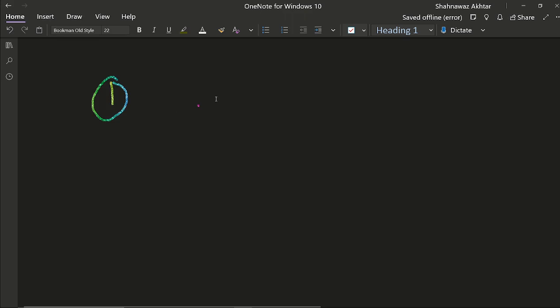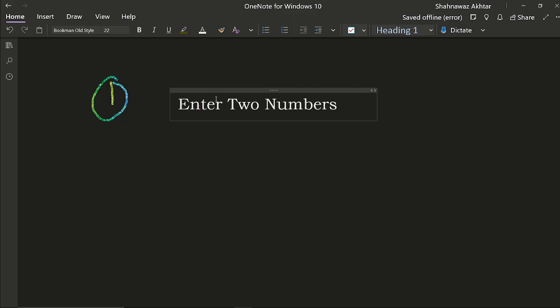So the question says, see, I have explained to you how to take the input. Enter two numbers and these are unequal, meaning they could not be equal. There should be two unequal numbers.